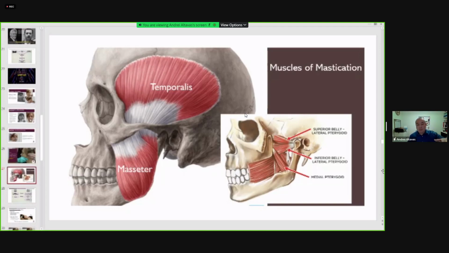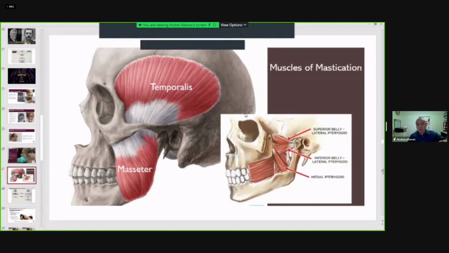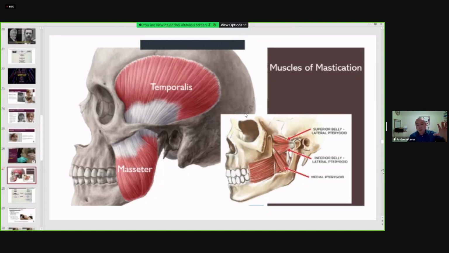You also need to know what these muscles do. Your temporalis, masseters, and medial pterygoids are the prime movers of jaw elevation, which is biting.